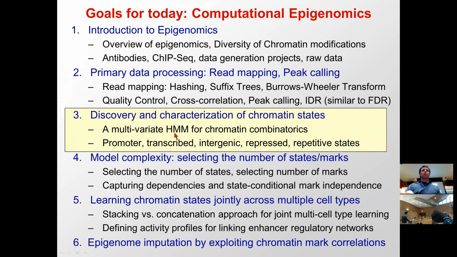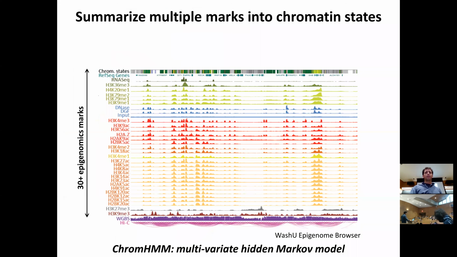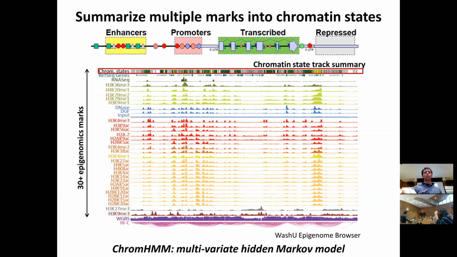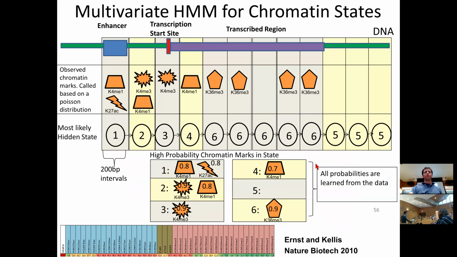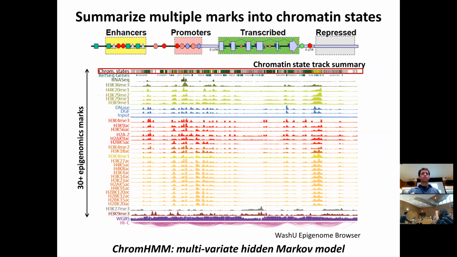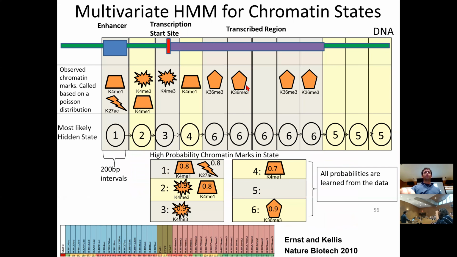Okay. So now we'd like to go a step further and start interpreting the data at a higher level. And that's basically trying to understand, how do I define different classes of epigenomic elements based on the combinations of marks that are there? And as I've mentioned before, a very natural way of doing that is to develop a hidden Markov model.